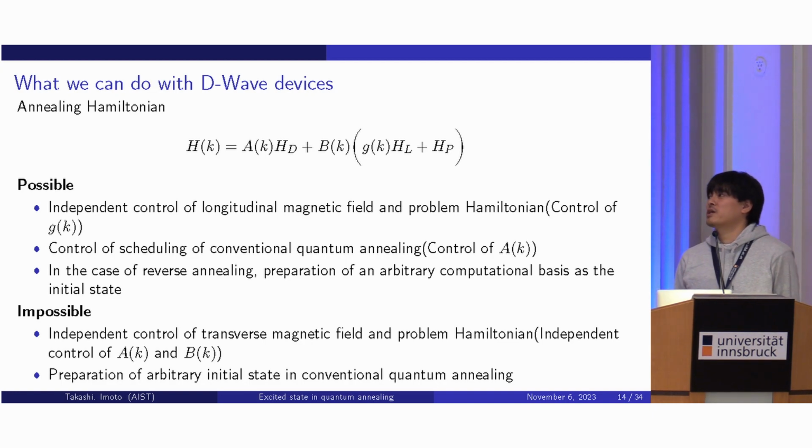In addition, we cannot prepare an arbitrary initial state in conventional quantum annealing. This means we cannot prepare the excited state of the transverse magnetic field.